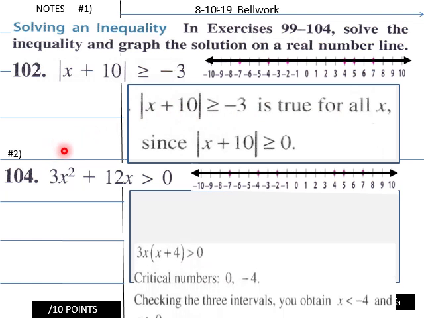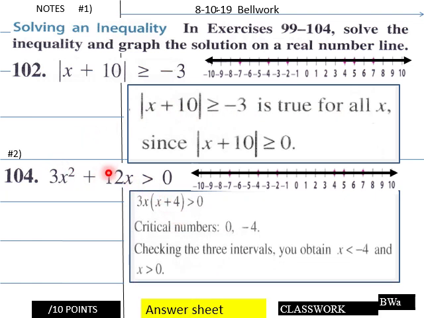And then down here for 104, this can be factored into 3x times the quantity x plus 4 greater than 0. Our critical numbers here are negative 4, using the zero product property, and 0 for the 3x. So 0 and negative 4.